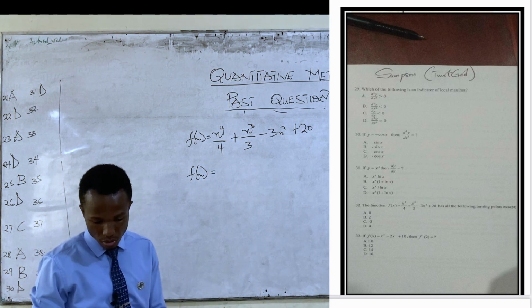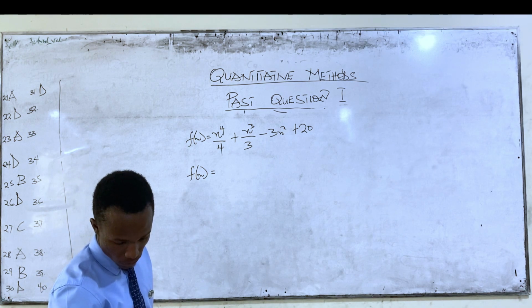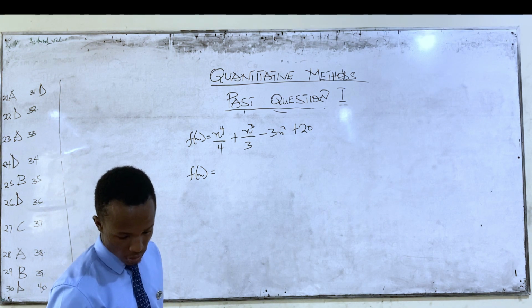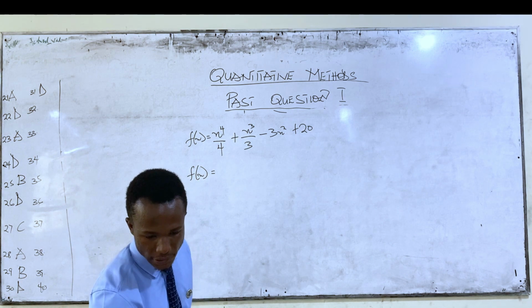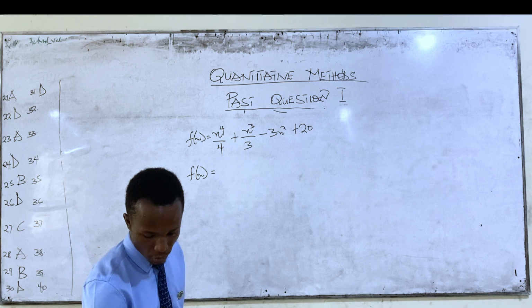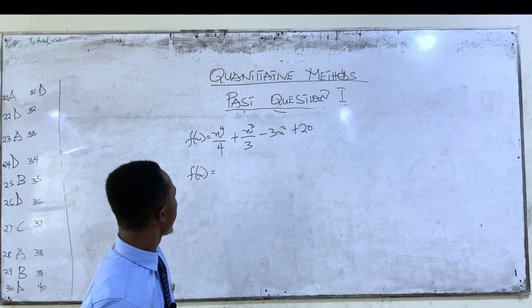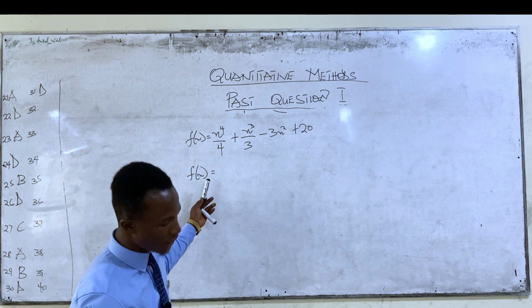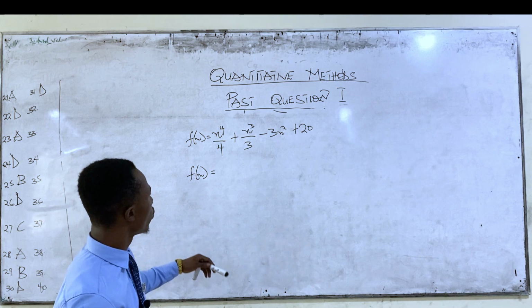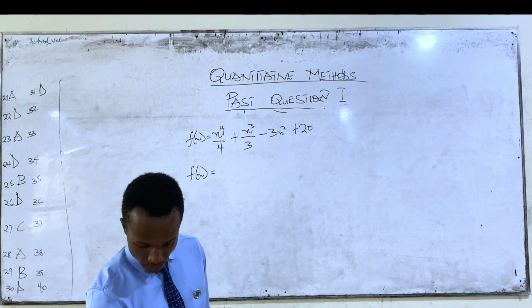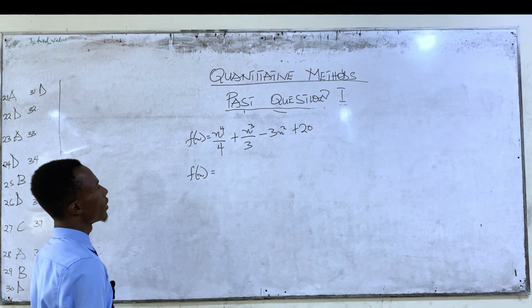We are just going to look for the turning point, right? So we have to differentiate it once, then we equate it to 0 to get our turning points.